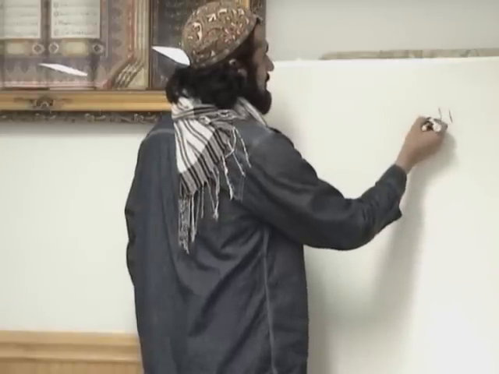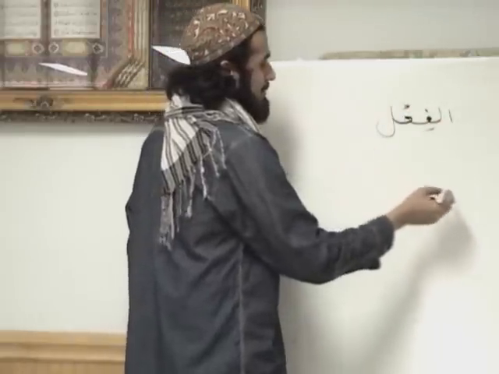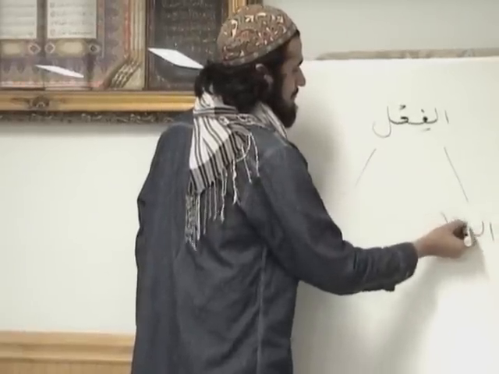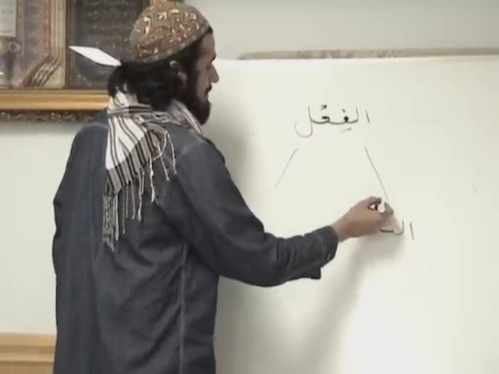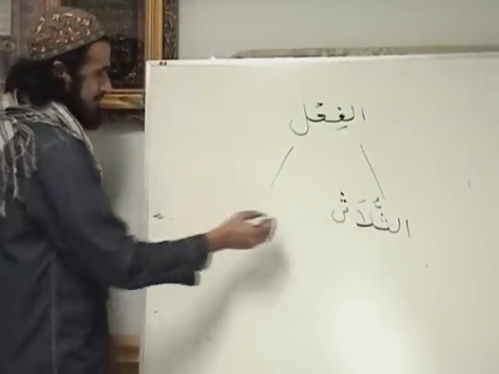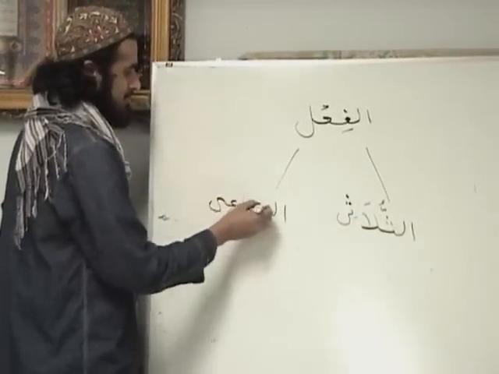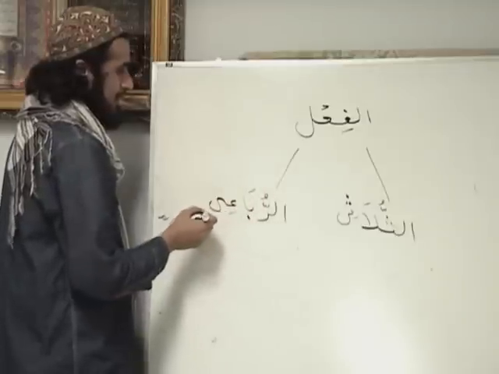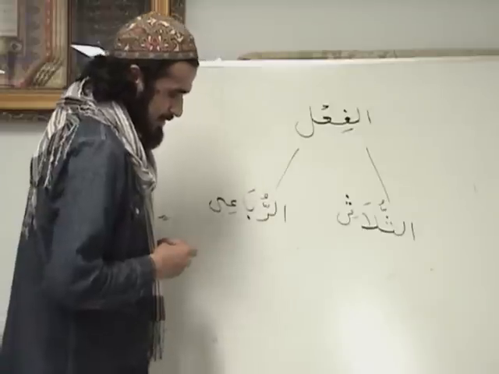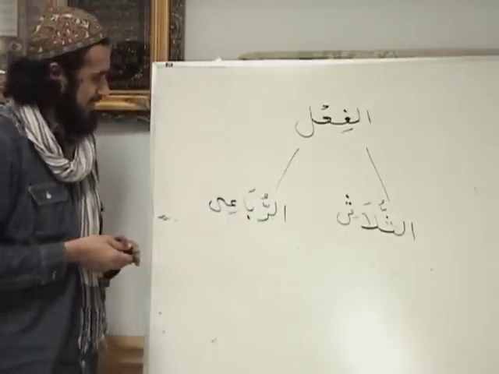الفعل can be الثلاثي or الرباعي. ثلاثي and الرباعي. الثلاثي is 3 letters, triliteral, and الرباعي is quadriliteral or something like that.